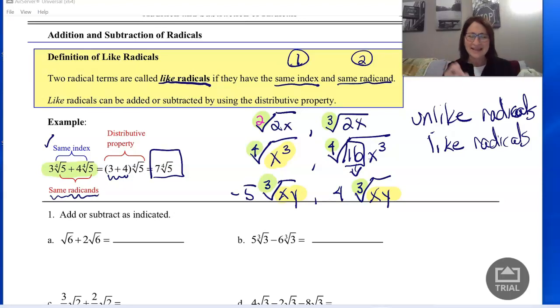yeah, I see all that, but the numbers in front, they're acting like coefficients. Those aren't the same. Doesn't matter.